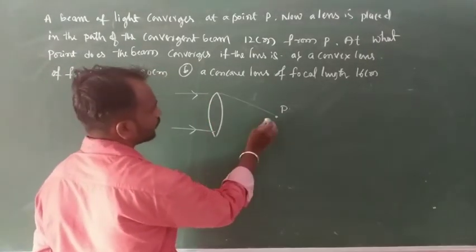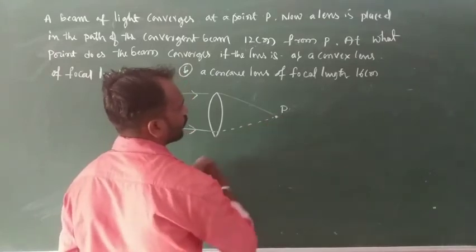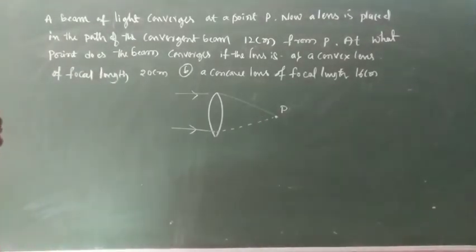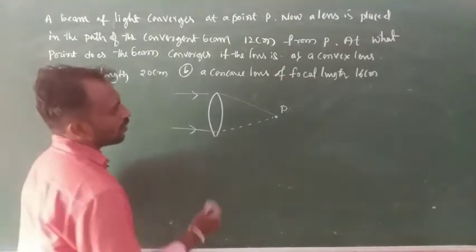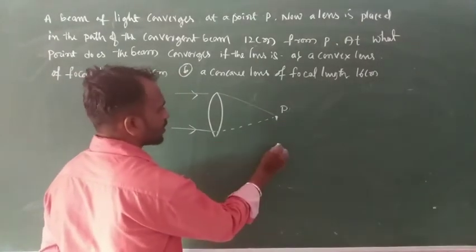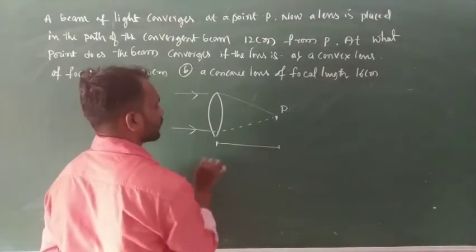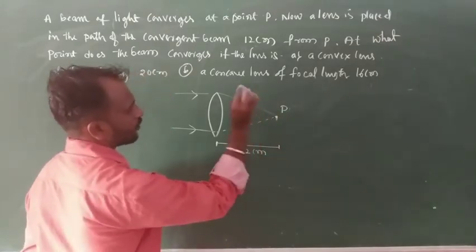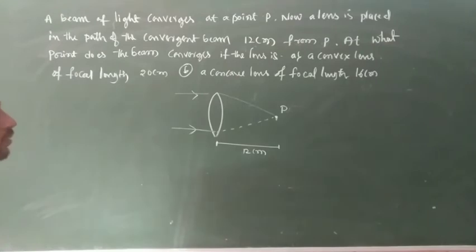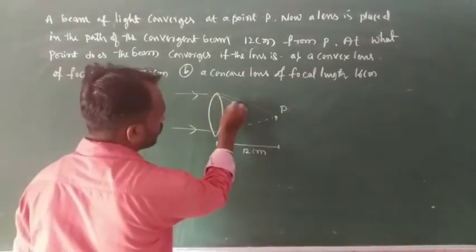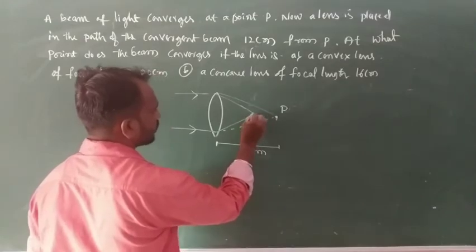These light rays converge at a point P. A beam of light converges at a point P. Now a lens is placed in the path of the convergent beam 12 centimeter from P. So the lens is placed at 12 centimeter from P. Next one, at what point does the beam converge? Suppose these light rays converge here.